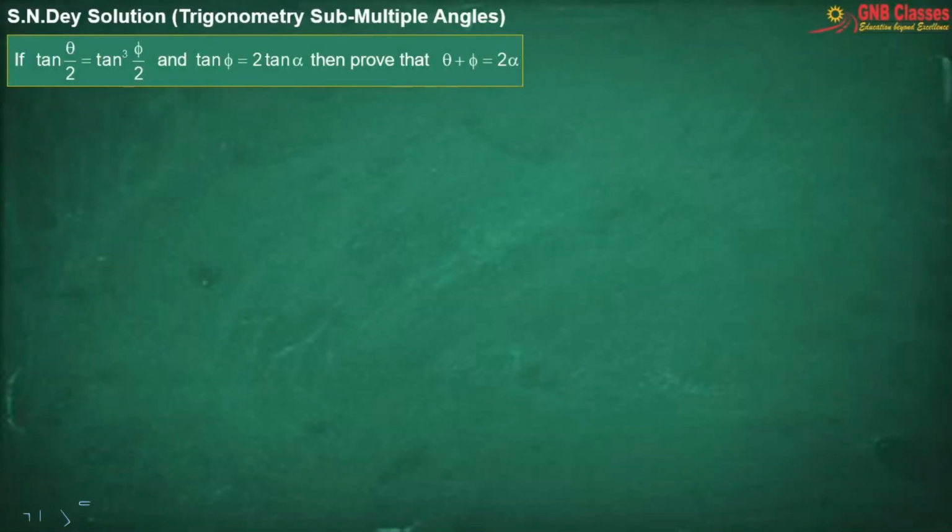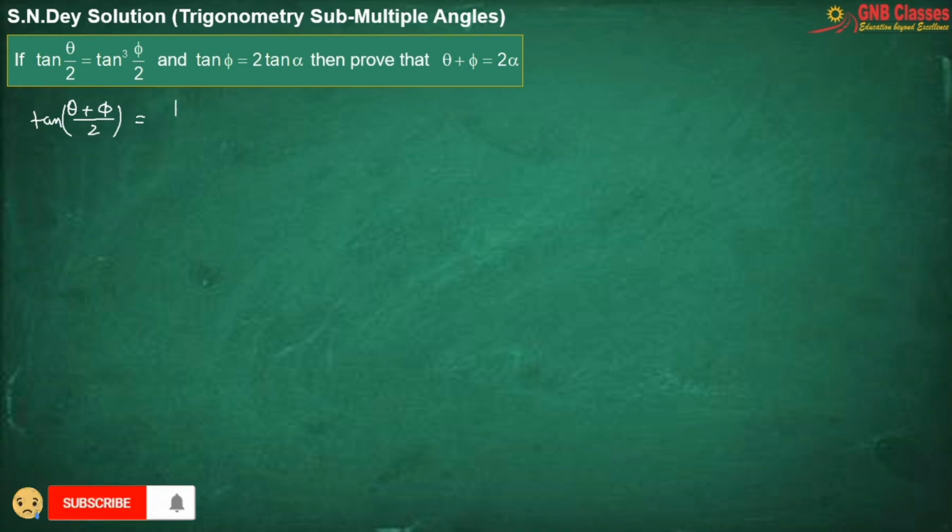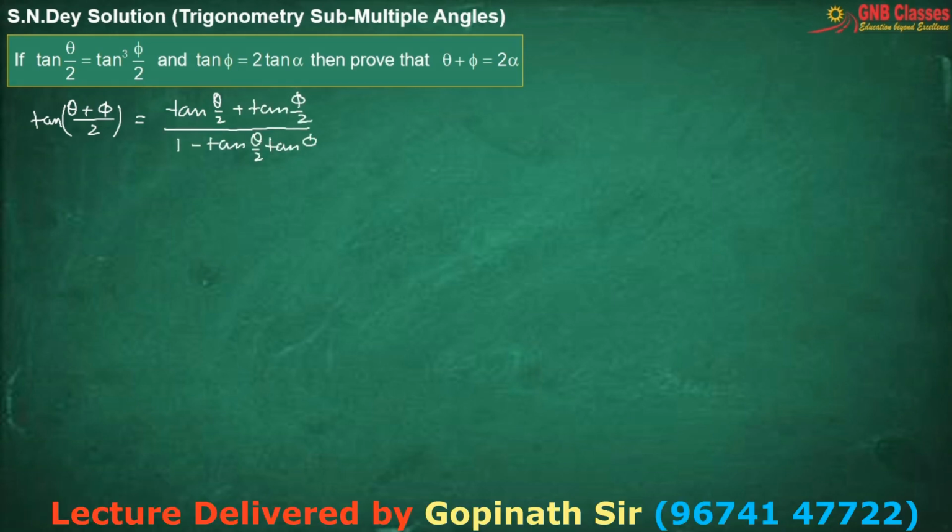Now in this problem, we will start the sum from theta plus phi by 2, taking tan of this angle we get. I am expanding it with the help of the formula tan A plus B, so we get, I am replacing tan theta by 2 by tan cube phi by 2, which is given to us.